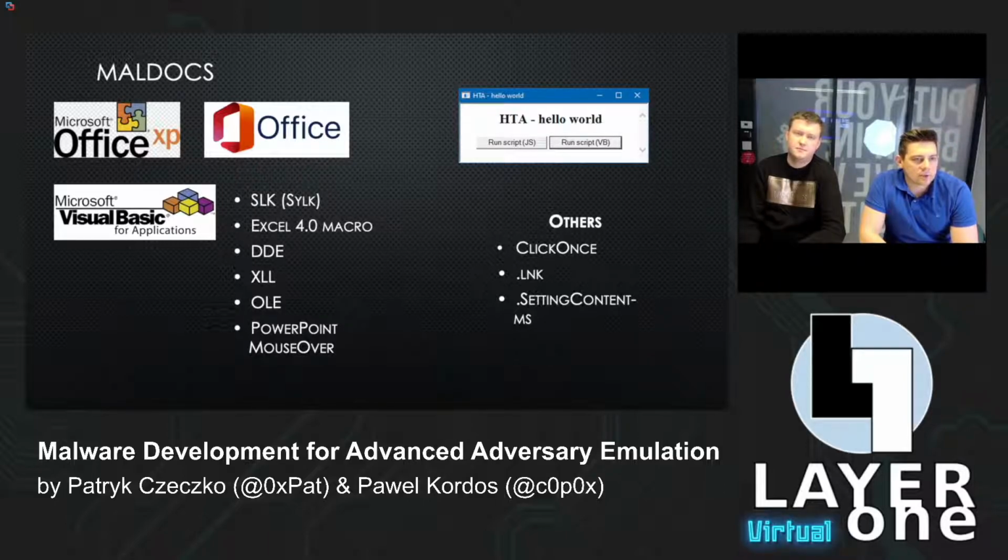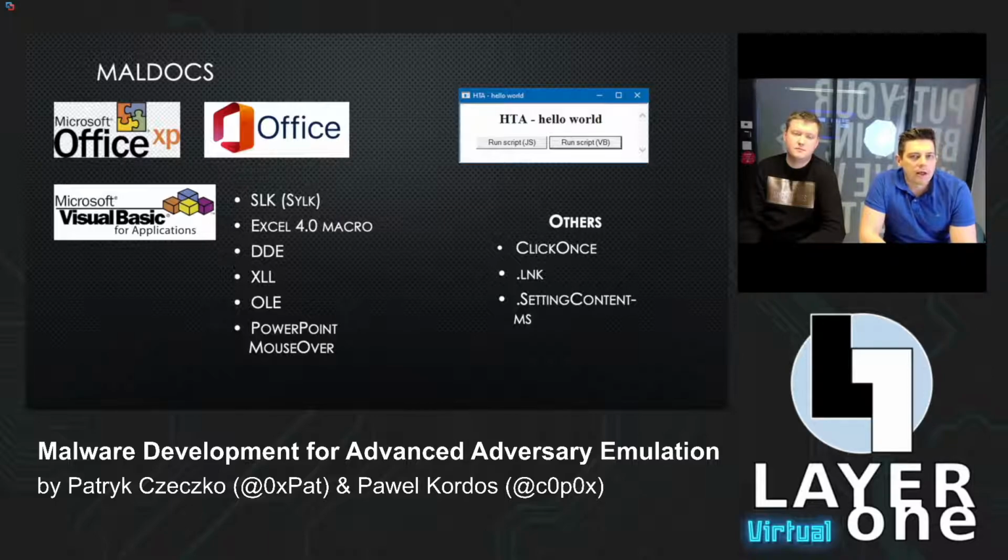XLL, an Excel feature, can also be used for code execution. Object linking and embedding, so we can embed objects into the documents. And there's also a cool trick with the mouse over event in PowerPoint, which can also be used to execute stuff.